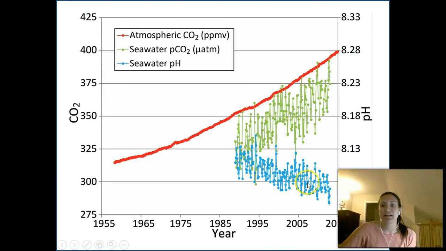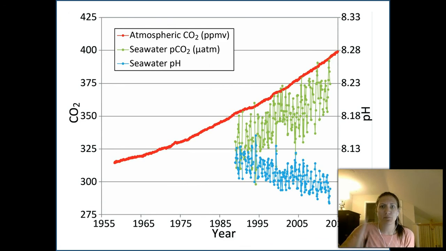And this blue line is following pH. And you see that the pH has been lowering in the ocean. It was around, when we started measuring, around 8.13, and now it's down to about 8.08, 8.07. So it's getting more acidic.